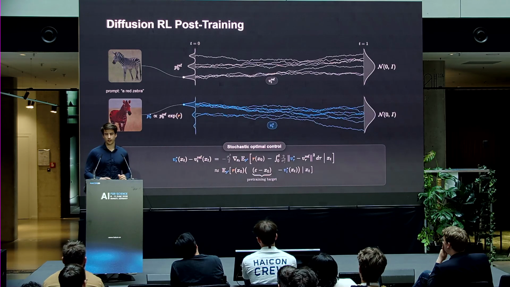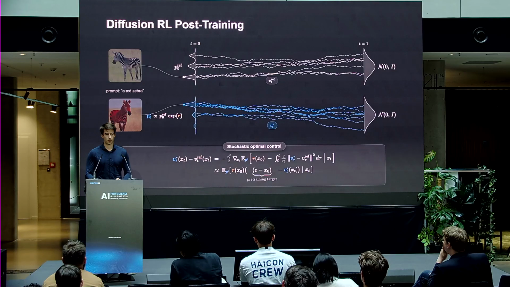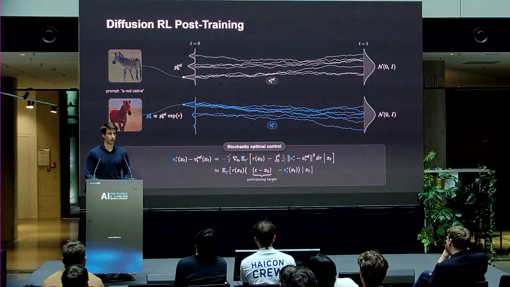And this now is really just a residual. It's the difference between the pre-training target and the optimal velocity field multiplied with a reward. And now this is something we can estimate on policy from the current model, and we can use this equality to obtain a consistency loss.